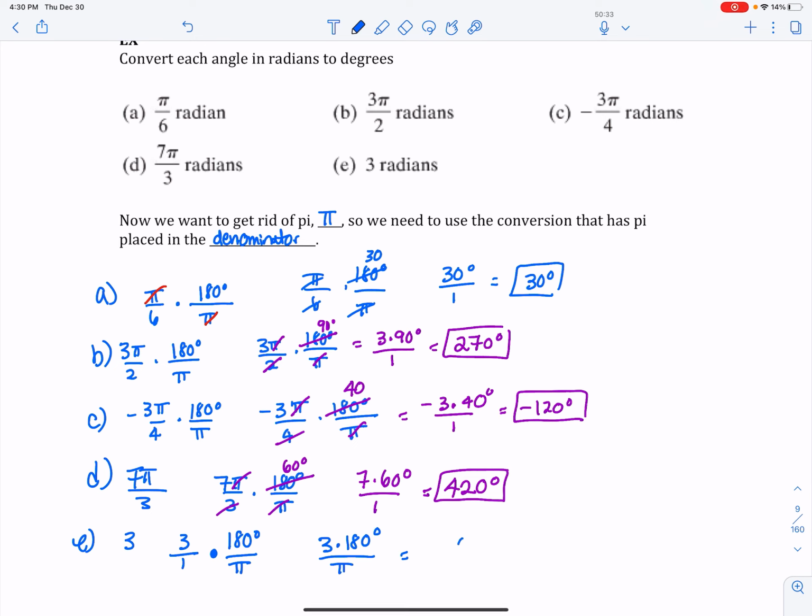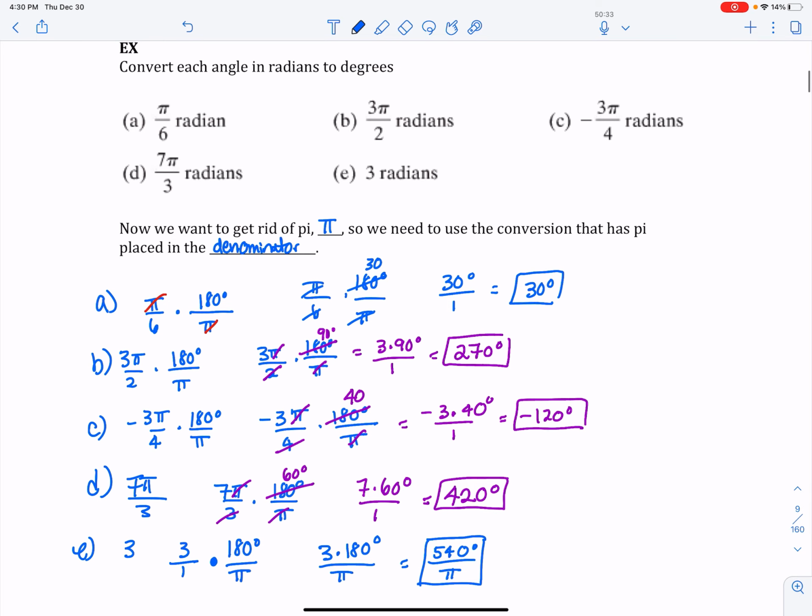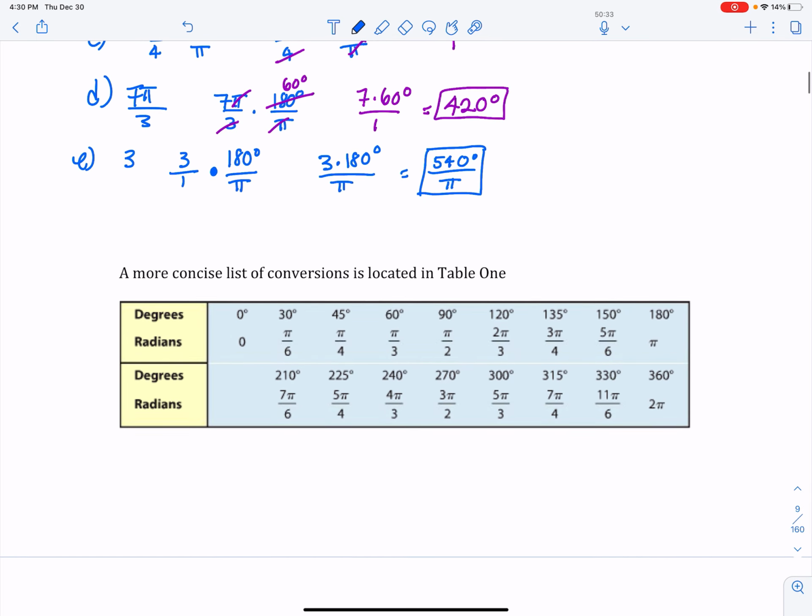So 3 times 180 is going to be 540, and it's going to be over pi. So this is the exact answer. On your calculator, you would need to divide it out and it would give you an approximation. But I'm going to leave my answer with pi in it. Okay, so that's how you do A through E.